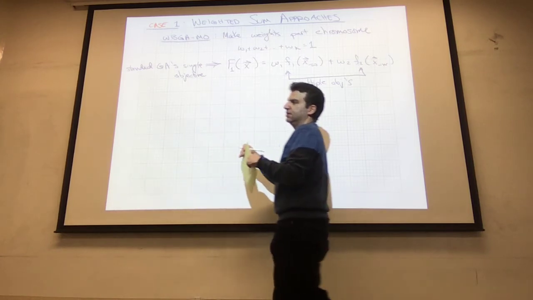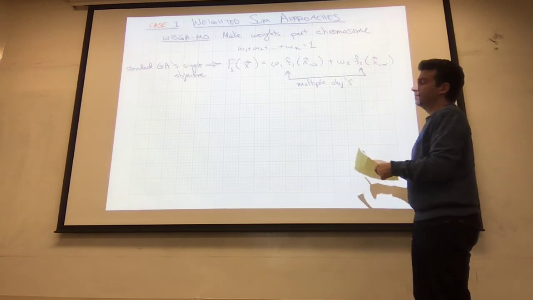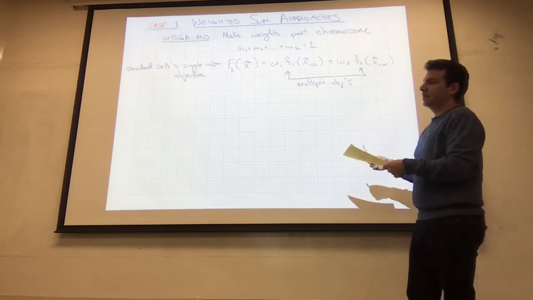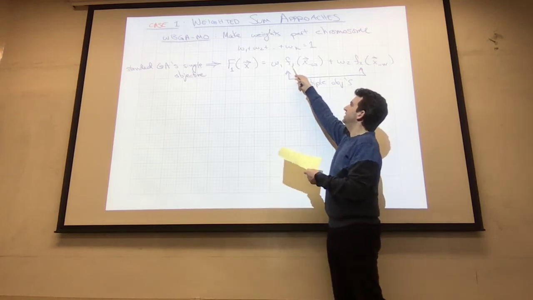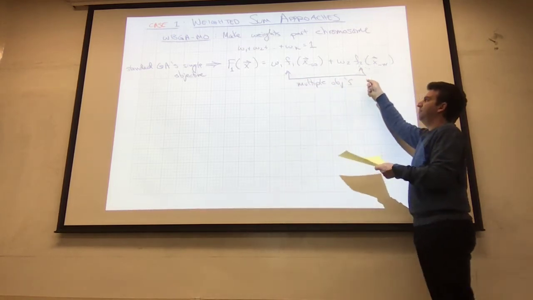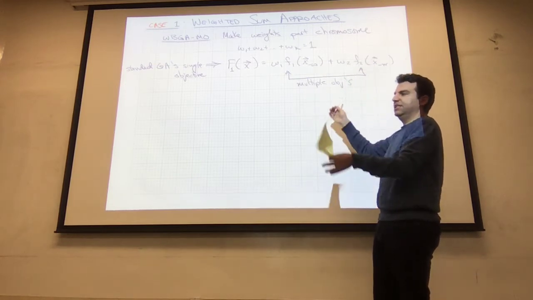Well, aren't certain objectives adversaries of each other? Aren't they against each other sometimes? That's the idea, that this F1 and this F2 may be identical, they may be different, they may be in agreement, they may be in disagreement.